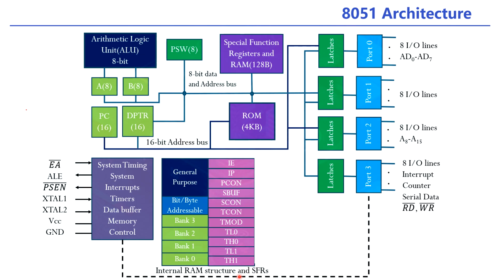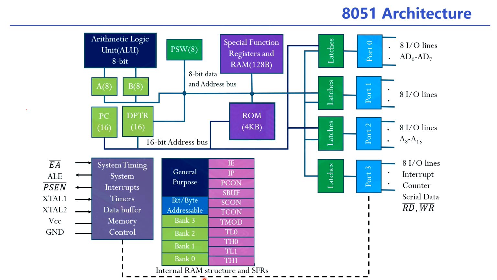Internal RAM structure and SFR, right? We can see here this is the organization of the RAM, right? General purpose. Okay, we can start from the bottom to the top. So first of all, bank 0. This also contains 8 registers, right? Bank 1, bank 2, bank 3.